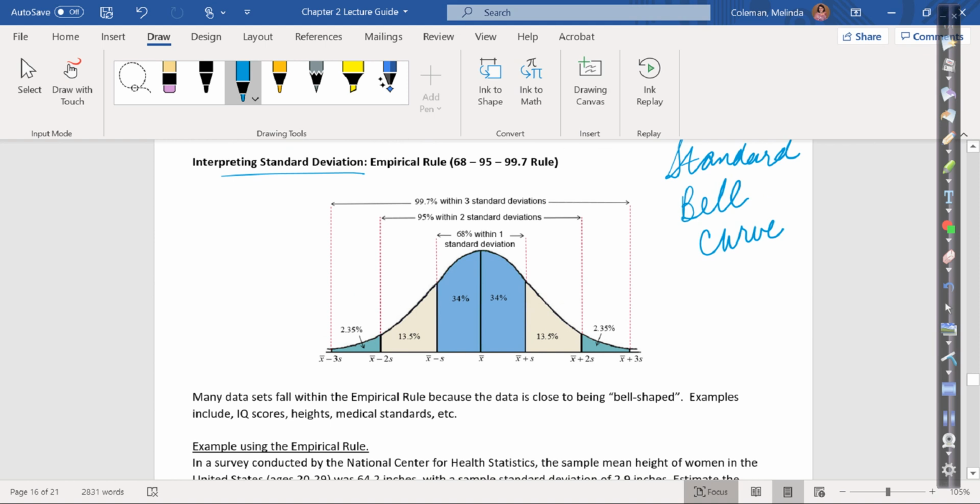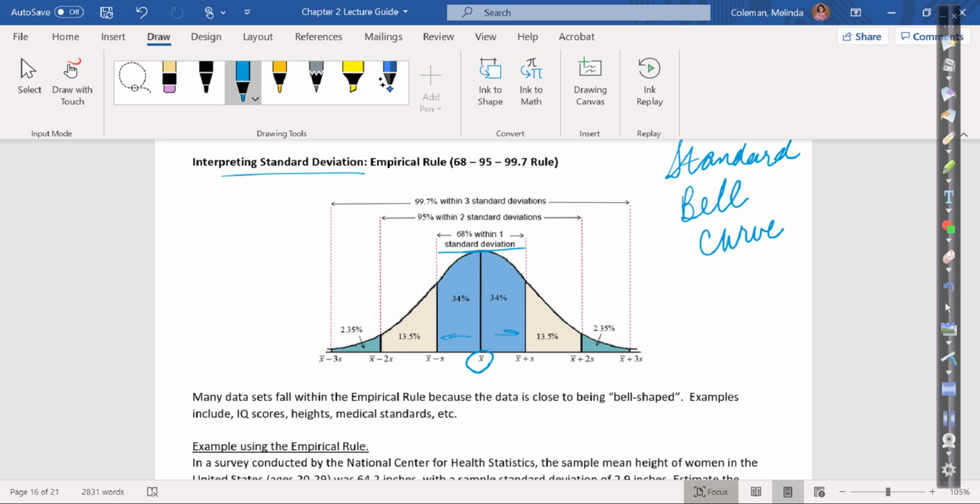So what this tells us is, here's your mean, and it says 68% of the data is going to fall within one standard deviation. So if your average height is 5'8", 68% of the people are going to fall within one standard deviation of the mean.